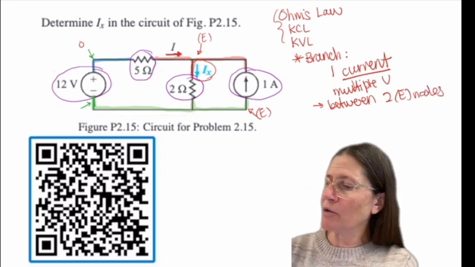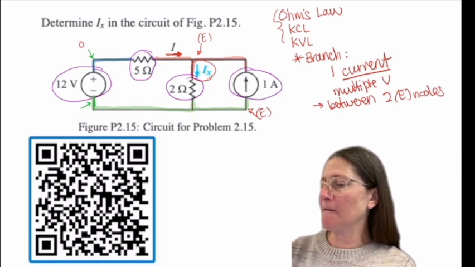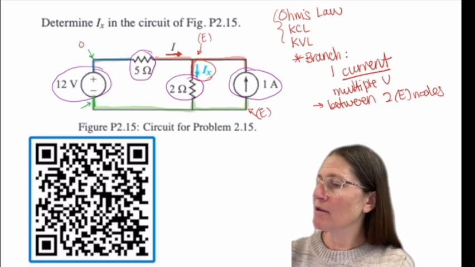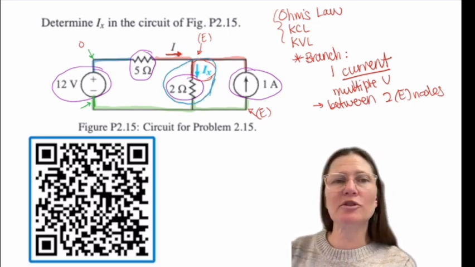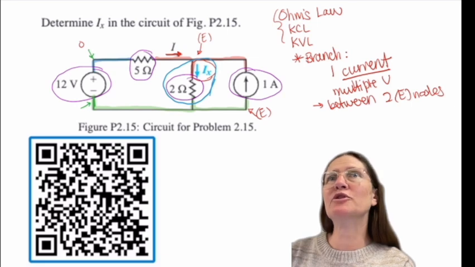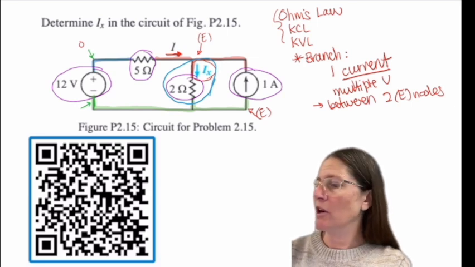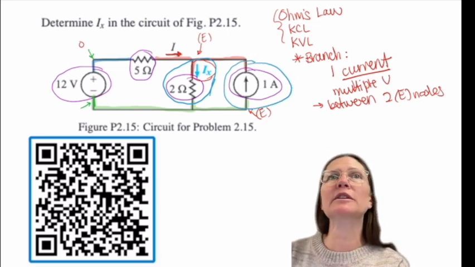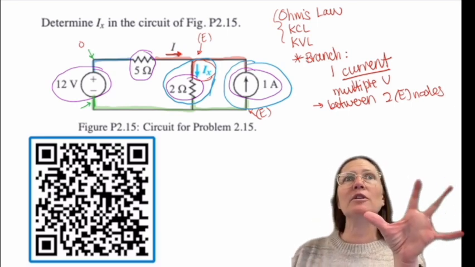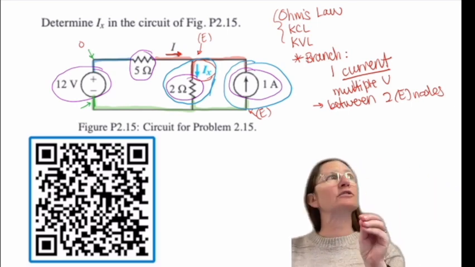All right, so knowing that, we know that I is there. What about blue? This would be another branch, because it's between two extraordinary nodes. And then this is going to be a branch. It only has one element in each of those different branches, so because they're different branches, they're going to have different currents.